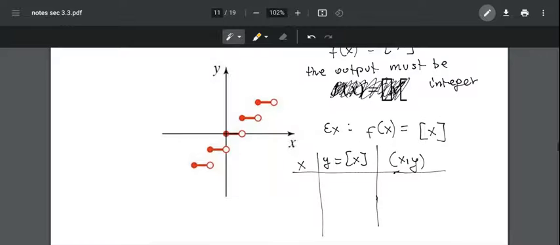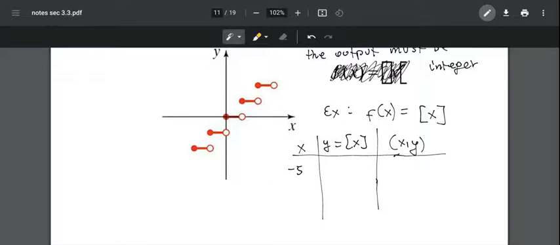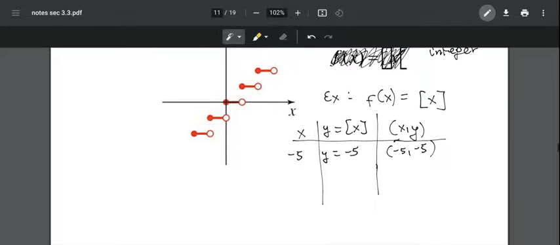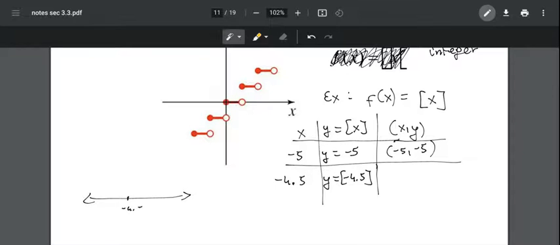So when x is equal to negative 5, the y value will also be negative 5 because negative 5 is an integer. So I replace x with negative 5. So we have the point negative 5 comma negative 5. Now, when x is equal to negative 4.5, the y value has to be the output. So we have to think about the greatest integer close to negative 4.5.